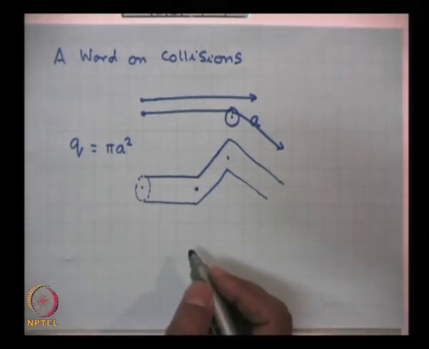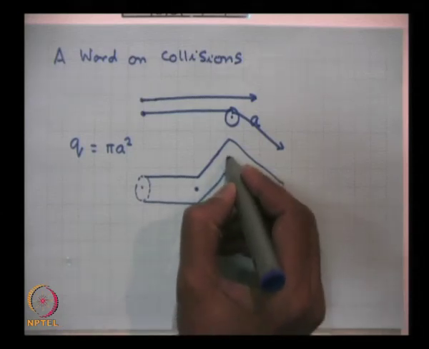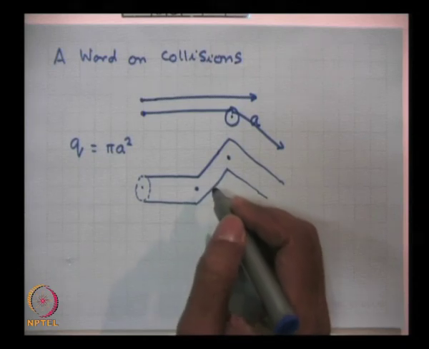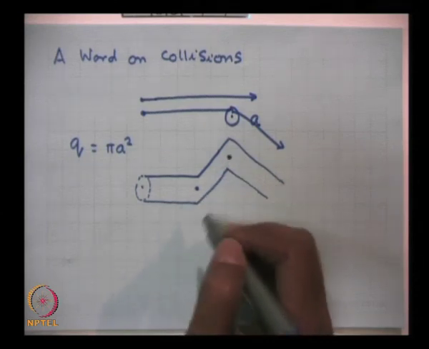Now, the mass of the electron is very tiny as compared to the mass of the scatterer. So, primarily the energy transfer is very little, the momentum transfer is the significant quantity. So, these are called momentum randomizing collisions.